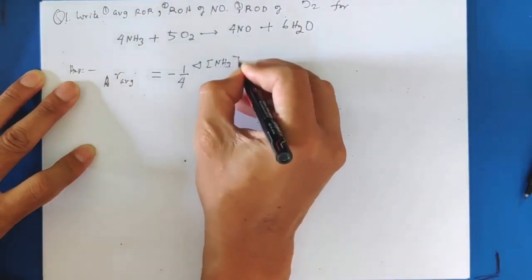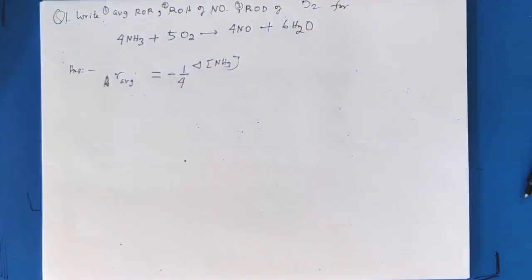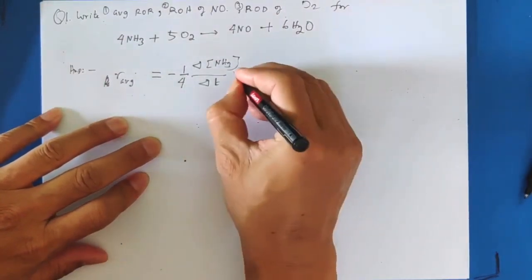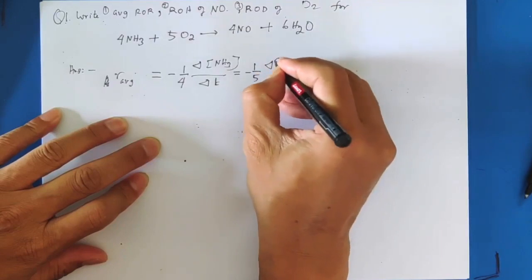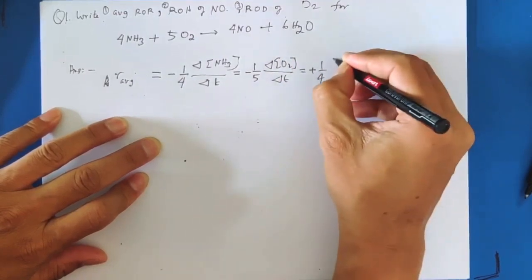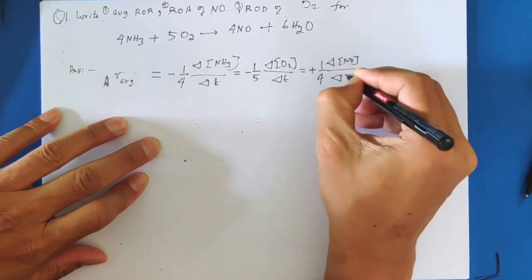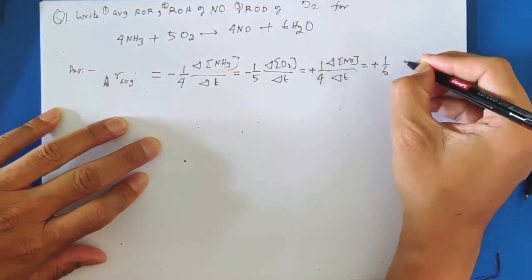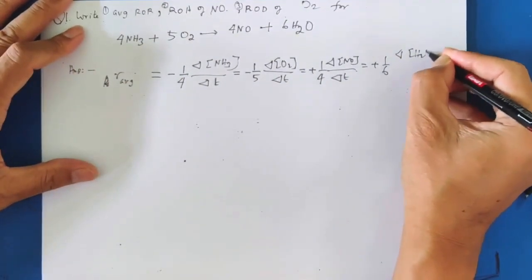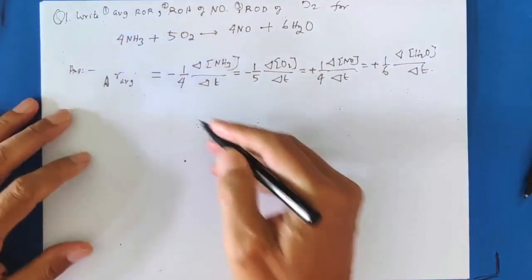Minus del ammonia by del T equals minus 1/5 del O2 by del T equals plus 1/4 del NO by del T equals plus 1/6 del water by del T. Okay.